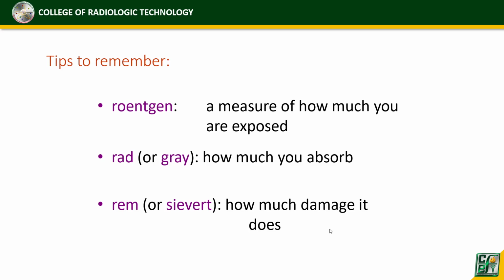Röntgen, gaano karami yung exposure? Yung rad or gray, gaano karami yung na-absorb? Kapag naman REM or sievert, gaano karaming damage yung mangyayari or possible na mangyari? Okay? So clear po ba?